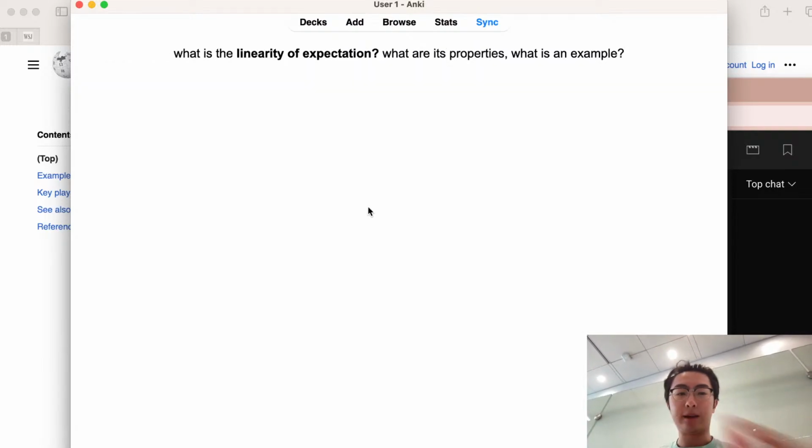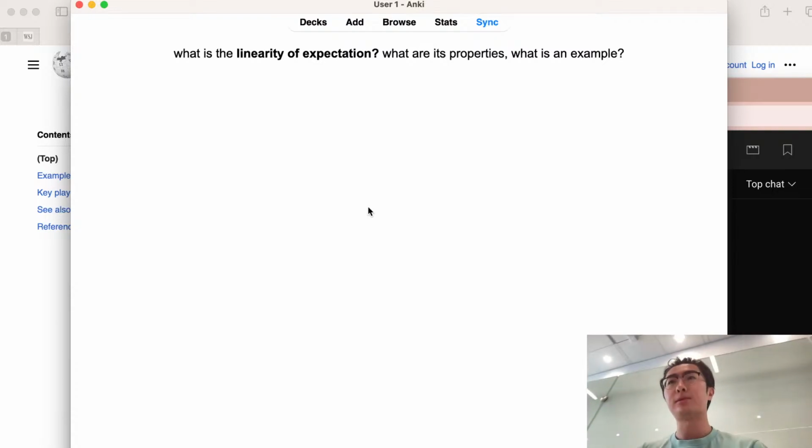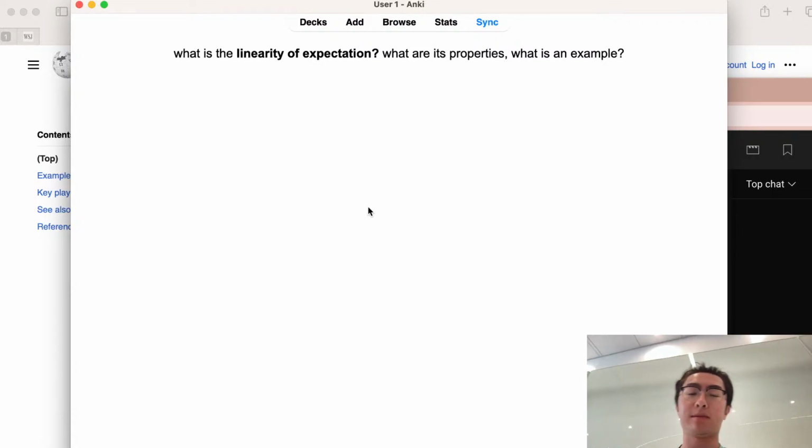What is the linearity of expectations? What are its properties? What is an example? Linearity of expectation is a property of expected values. Big idea, the expected value of the sum of some constant c times a function of a random variable x is exactly equal to the sum of the constant times the expectation of the random variable.